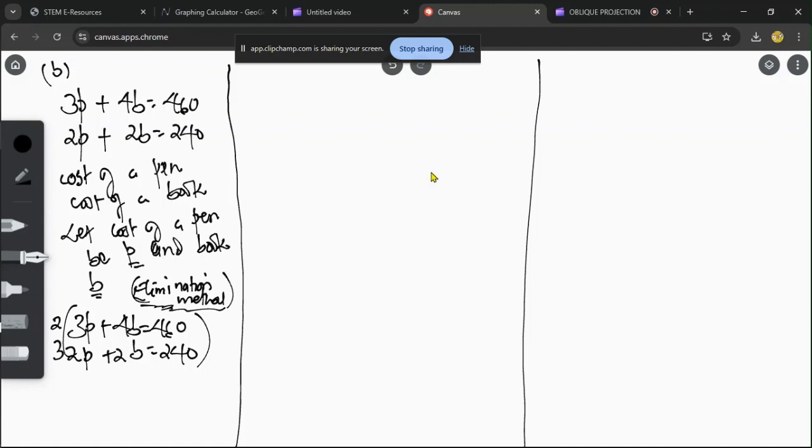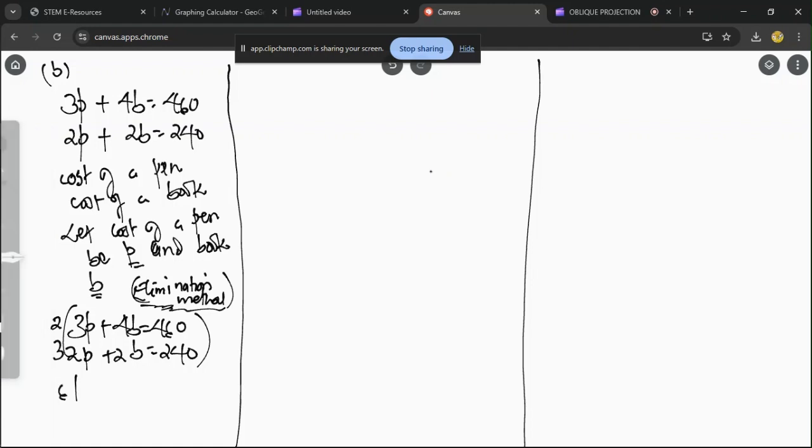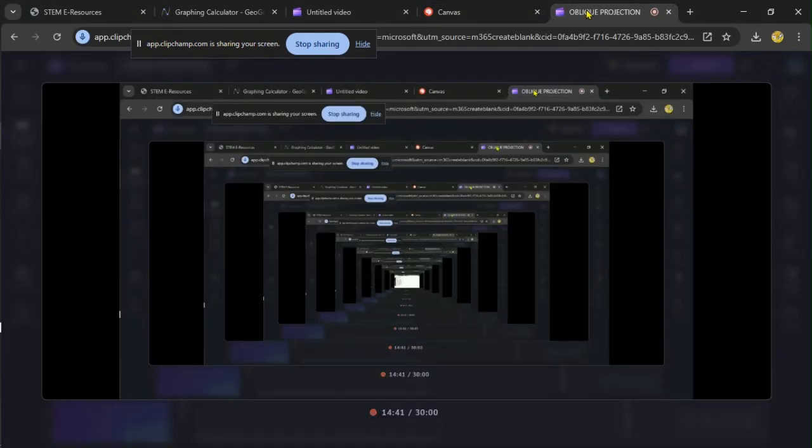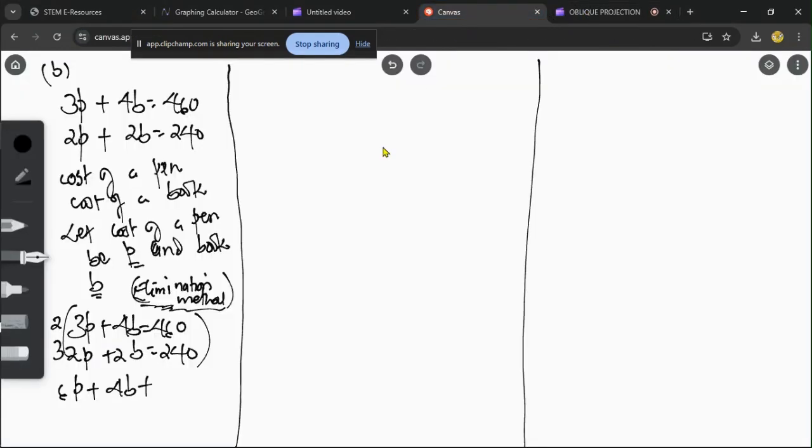So what is 2 multiplied by 3? It is 6P, plus 2 multiplied by 4 gives me 8B, equal to 460 multiplied by 2, which gives me 920.